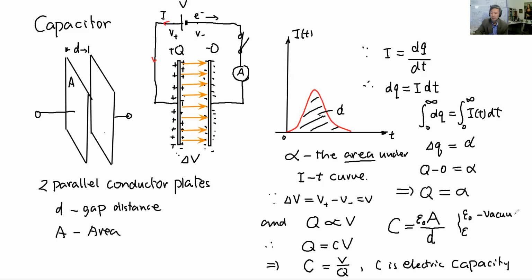So epsilon 0 is the permittivity of vacuum, and this is the permittivity of the dielectric.